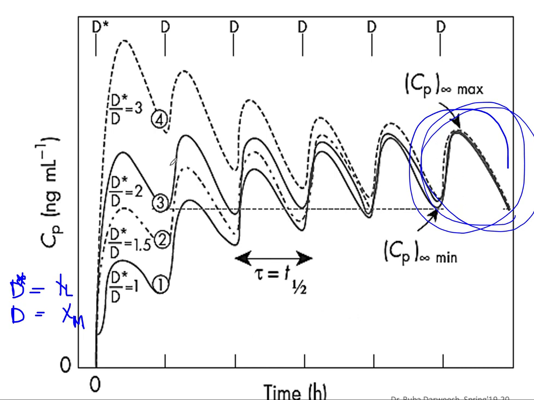If you go through the profiles, you'll find the best profile reaches steady state directly, as in this one, in which my loading is twofold the maintenance. So if I ask you which is the best profile, it is the third profile, in which the loading is twofold the maintenance dose.